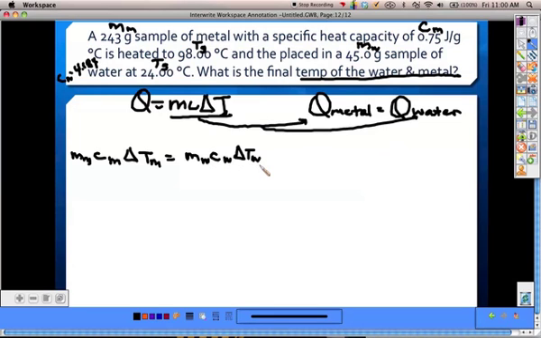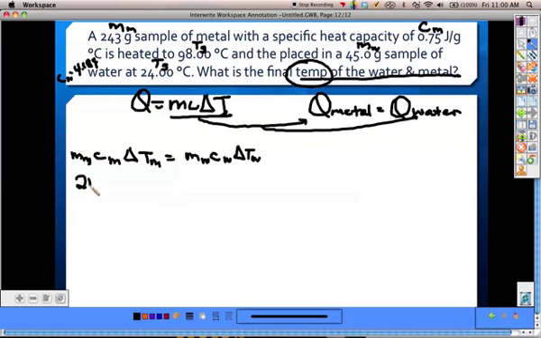Now I know almost everything except the temperature that they even out to. I can't have my delta T quite equal to final minus initial like I did before. I'm going to have to say that they're in different spots in my equation to get my equation to work out correctly. So let's start plugging in what I do know.